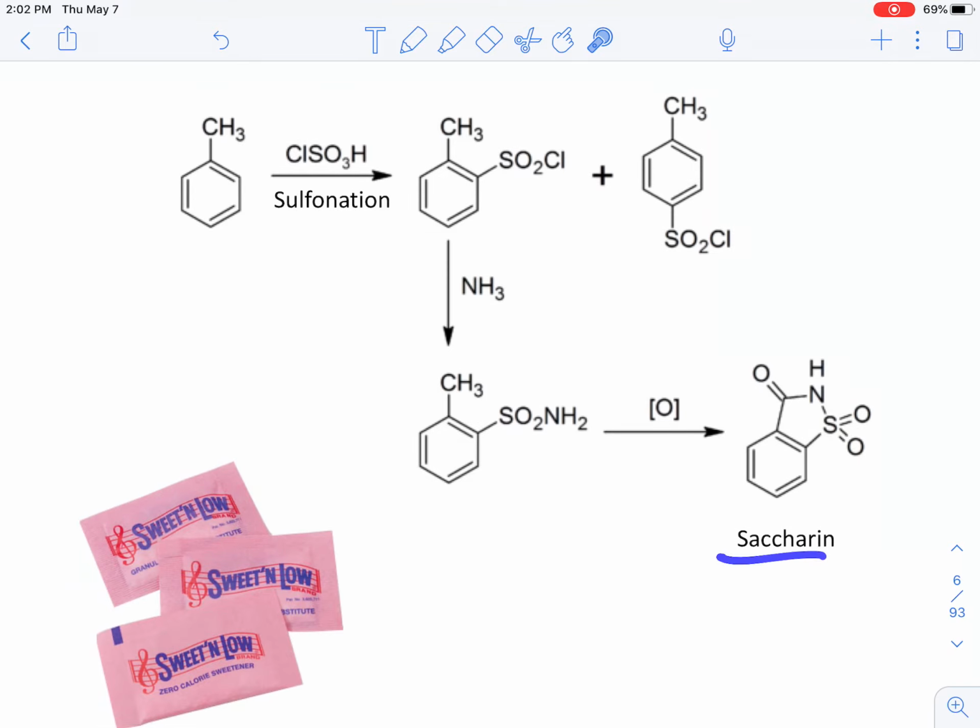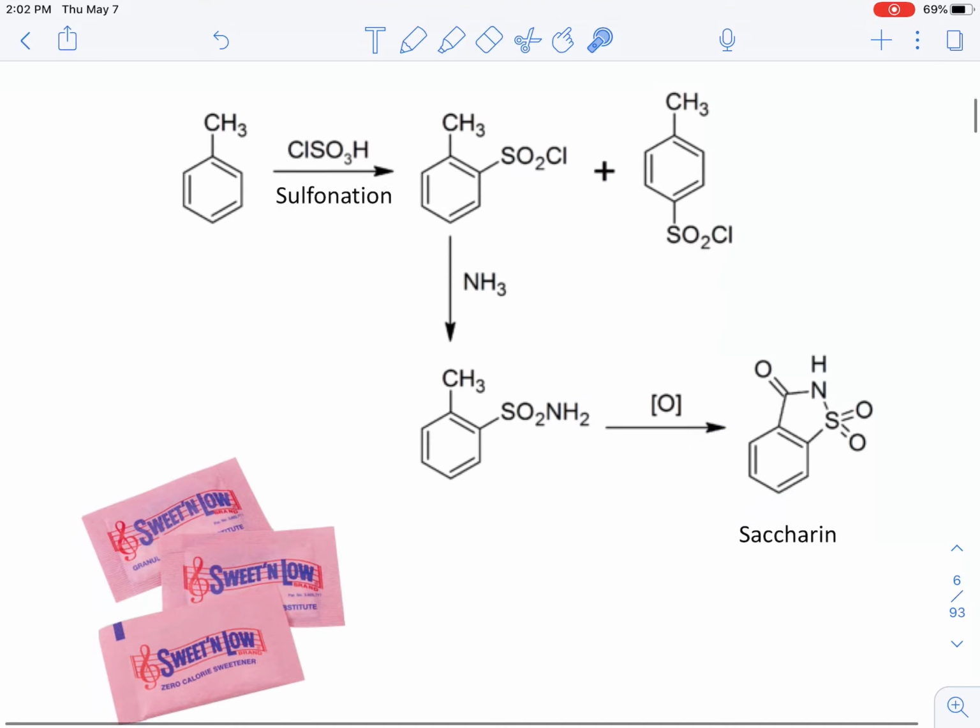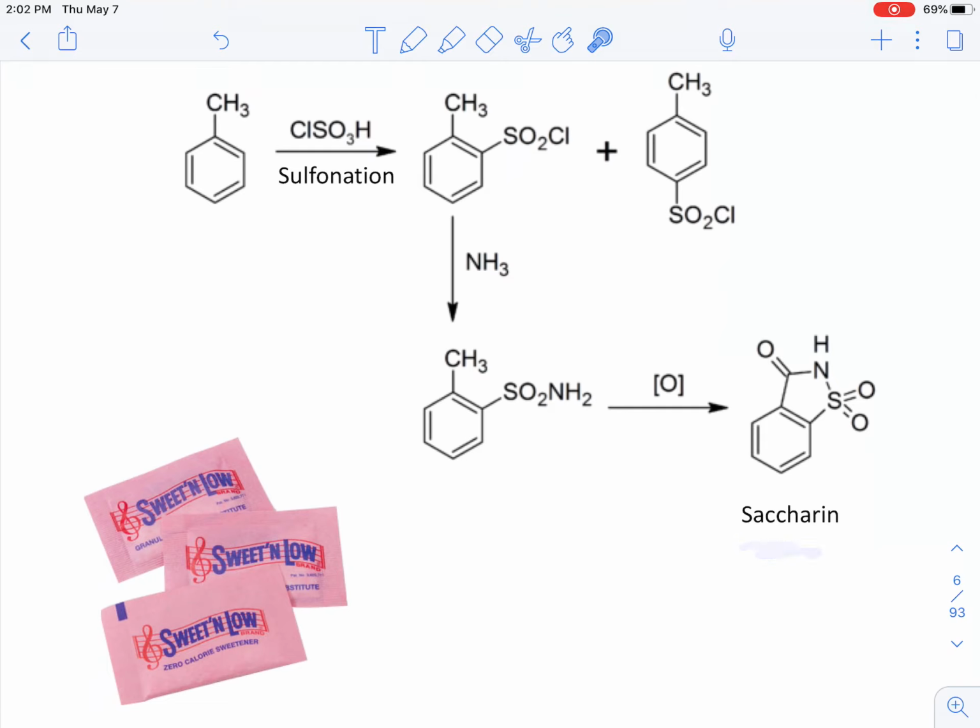Anyways, one way to synthesize saccharin is to take toluene and let it undergo sulfonation, and then after it's treated with ammonia and oxidized, it's going to produce this chemical compound. And this compound, saccharin, is typically found in Sweet'N Low.